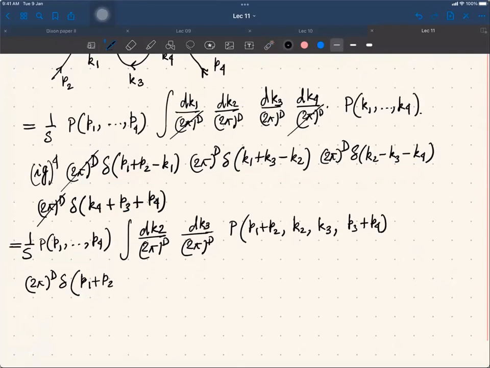Then K3 minus K2, both of them are free, and (2π)^d δ(K2 minus K3 minus K4). Minus K4 is the same as P3 plus P4.